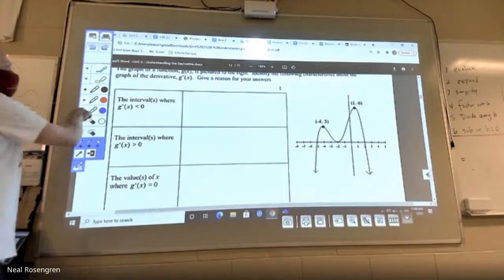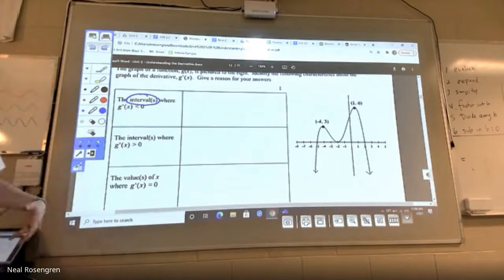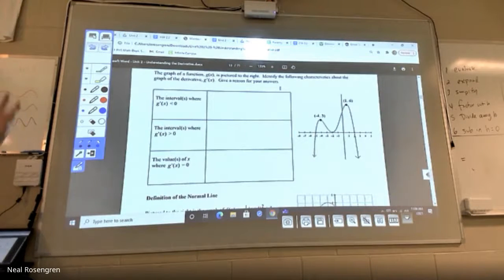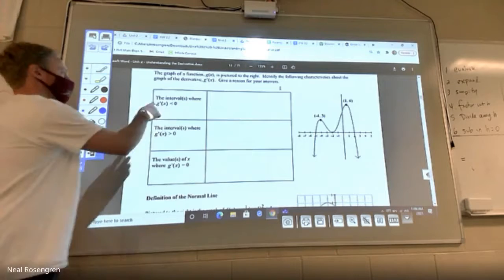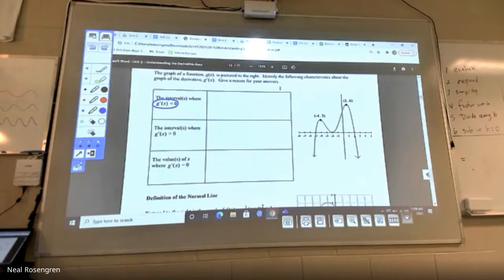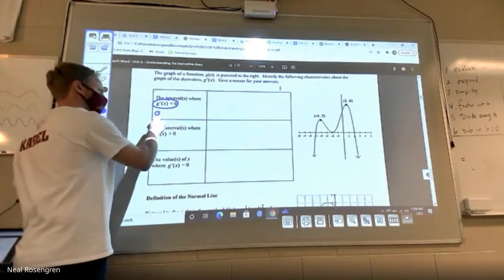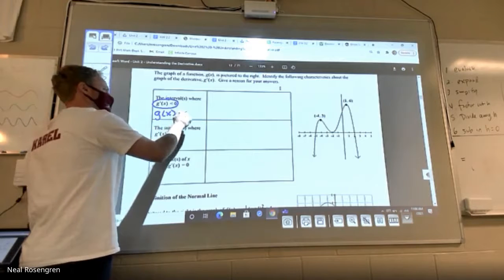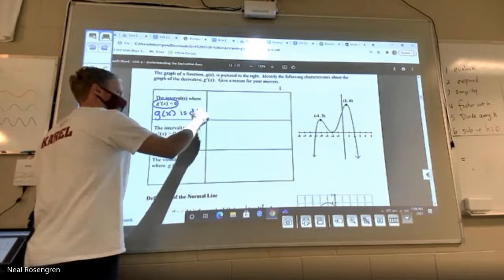Now let's see if we can find entire intervals where all this is happening. Can we widen our gaze a little bit and say, if you want me to know where the derivative is negative, really what I'm looking for is where the function is decreasing.